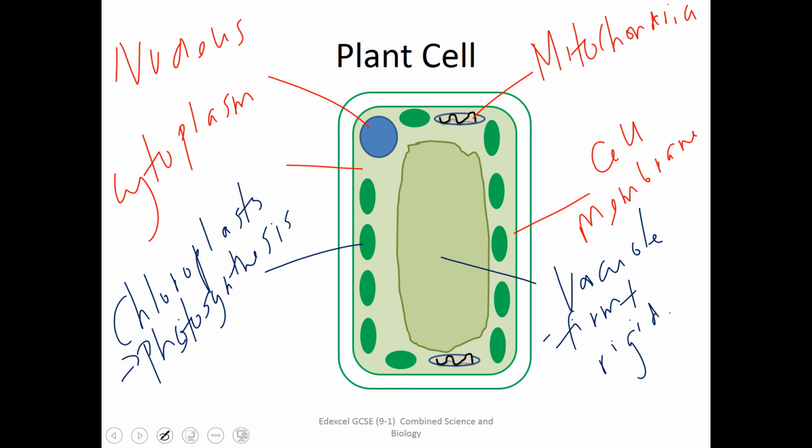And lastly, we have the cell wall. The cell wall is made of a substance known as cellulose. And the cell wall supports and protects the cell.